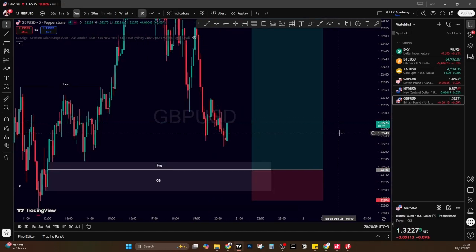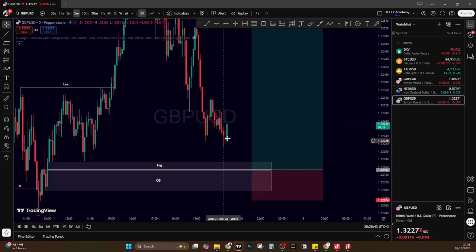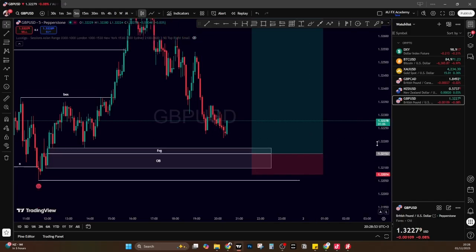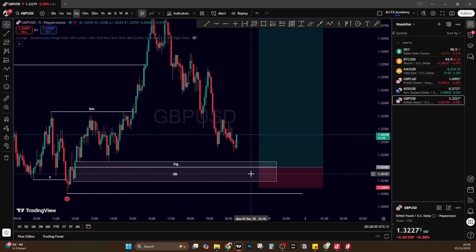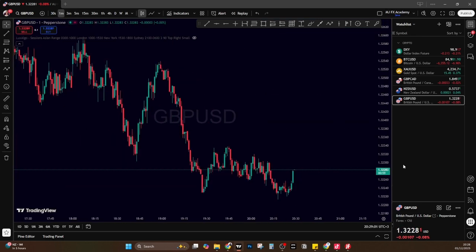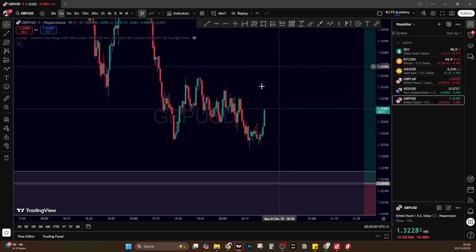But remember, this is the 5 minute time frame, so the market can just tap and then move very fast. You can wait for the market to come to your order block, then go to 1 minute and wait for change of character.